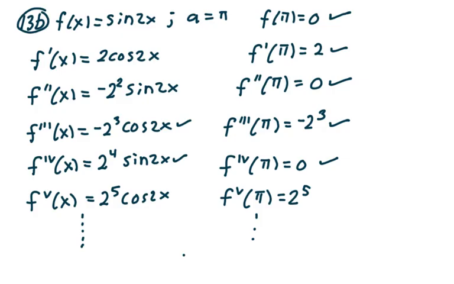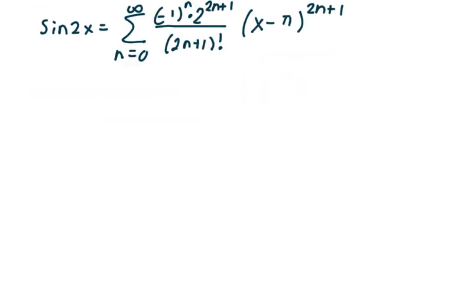The fifth derivative of f at pi is 2 to the fifth. And then from here, sine 2x is the summation from n equals 0 to infinity of negative 1 to the n times 2 to the 2n plus 1 divided by 2n plus 1 factorial times x minus pi to the 2n plus 1.